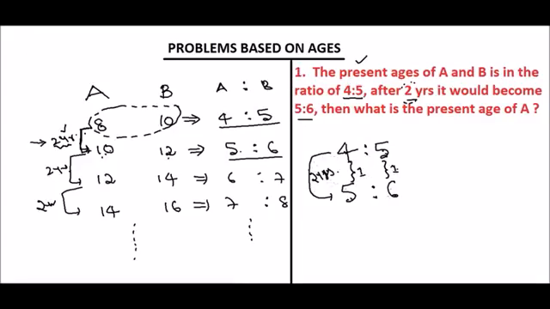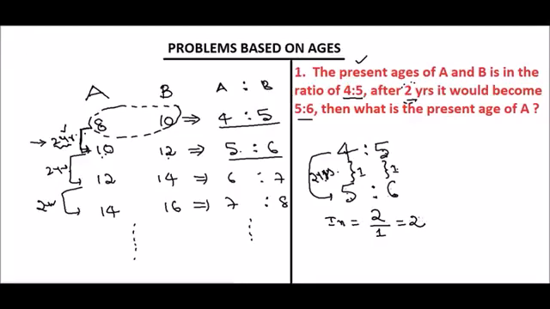In a span of 2 years, always remember, the interval will be the years, that is 2, divided by this gap 1. This is the gap of the years divided by the gap between the terms of the ratios. That is 2 by 1. Now the interval has become 2.